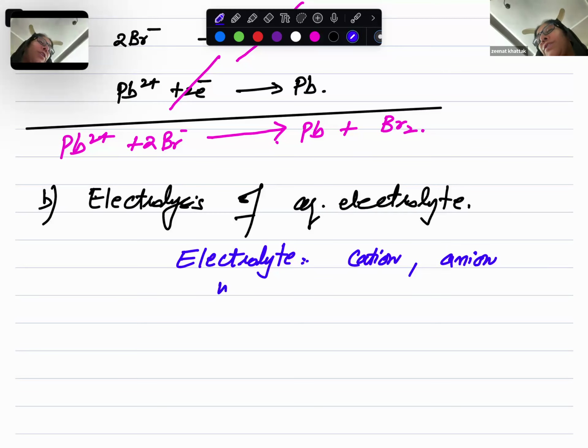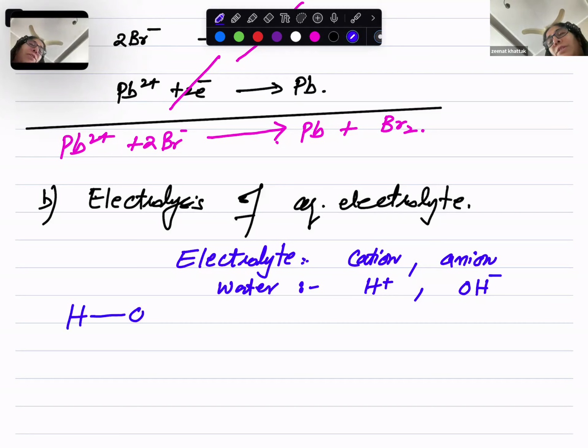And there is water, aqueous, which is providing what? H+ and OH-. From water, what are coming? 1 H+ and 1 OH-.